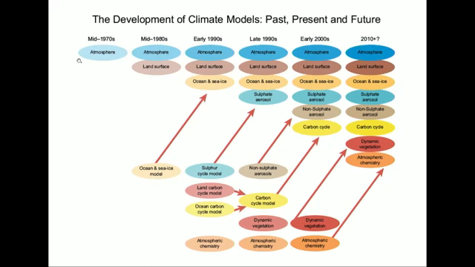Okay. But this is a slide from the Met Office showing where we are at the moment with all the complexity. Every single one of these would be thousands of lines of code combining together to give these complicated climate models.